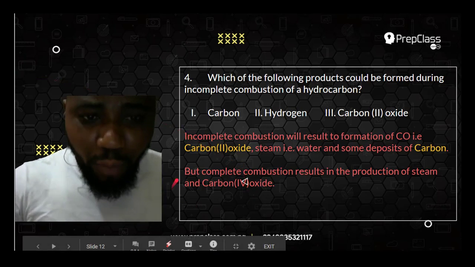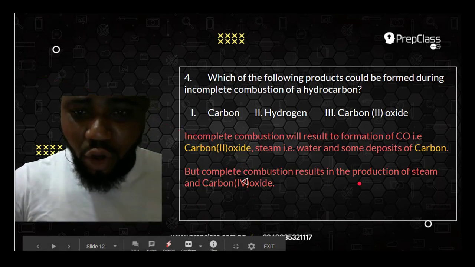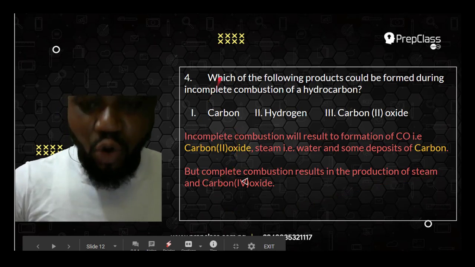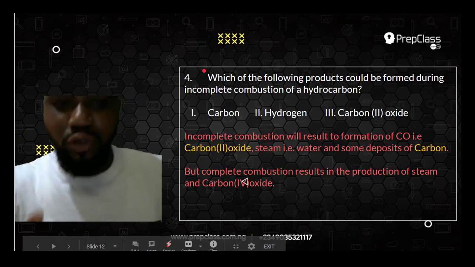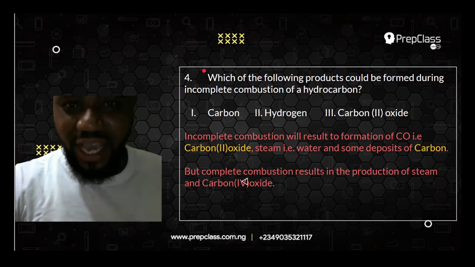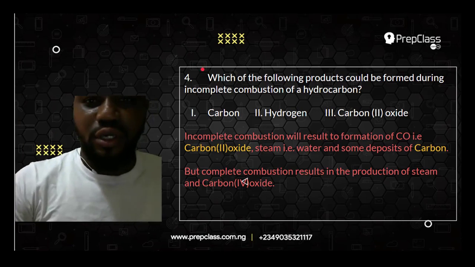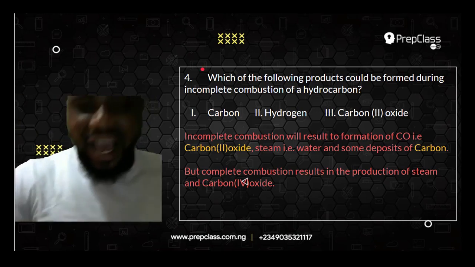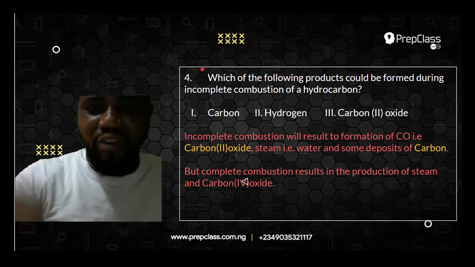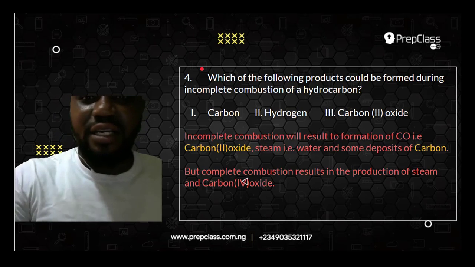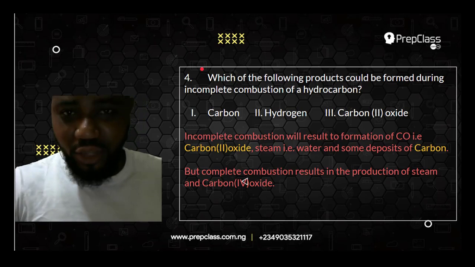But complete combustion usually results in the production of steam and carbon(IV) oxide. The carbon in the hydrocarbon has been completely converted to carbon(IV) oxide, and the hydrogen has been burnt and converted to steam.